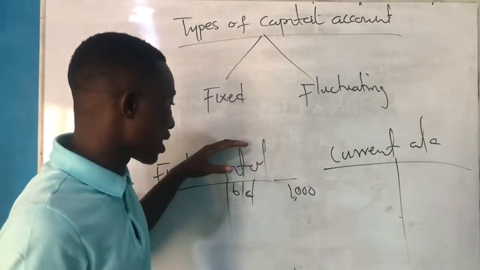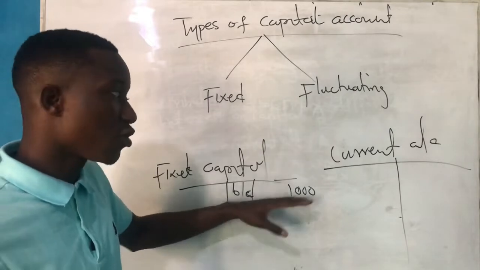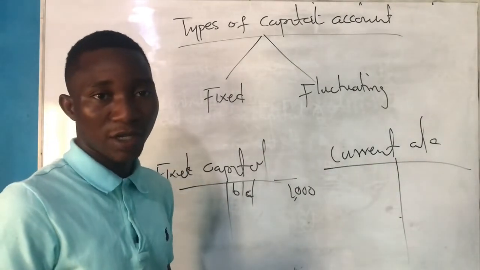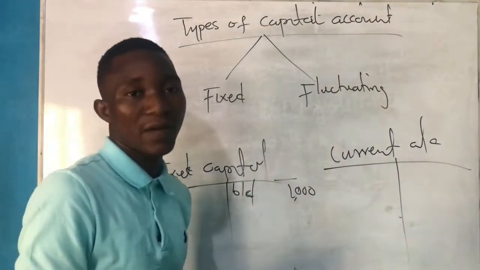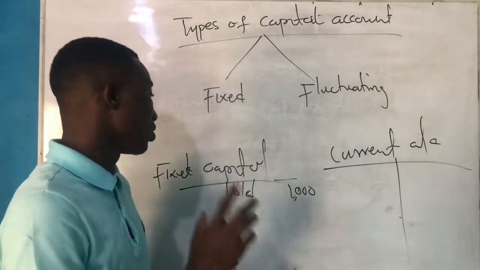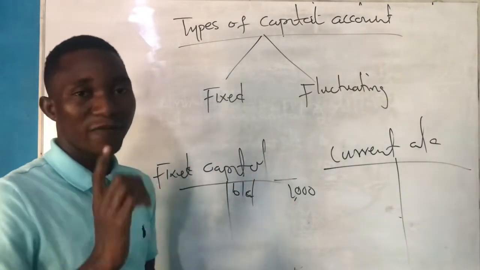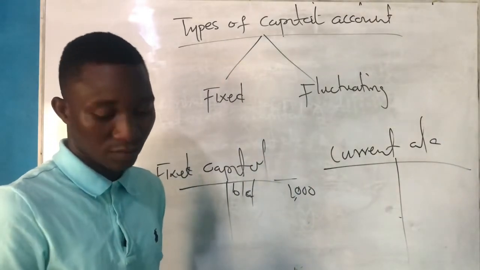But for the fixed capital account, we are not going to do that adjustment over here. That adjustment is going to be done in the current account. So all adjustments on capital will be made in the current account, with the rationale that the fixed capital account balance will be fixed unless there is a capital withdrawal or introduction.